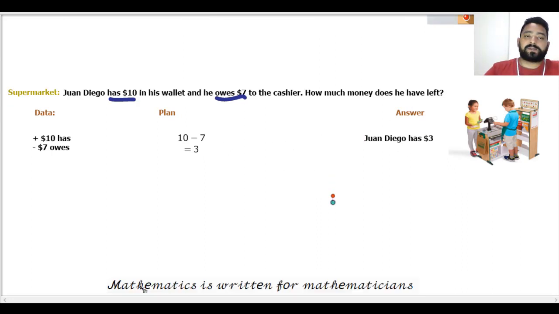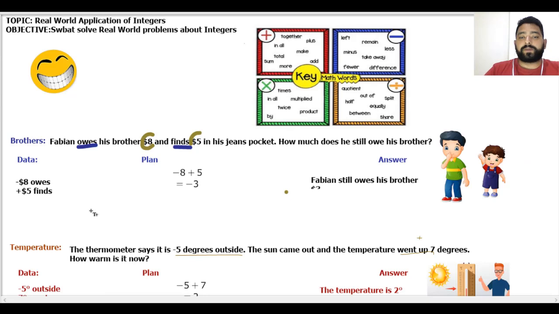I had this quote that says mathematics is written for mathematicians. Now remember, to answer these word problems, you have to remember the key math words. It's so important. You have to follow the steps data, plan, and answer, because with the data you're going to identify the operation, whether it's addition, multiplication, division, or subtraction.